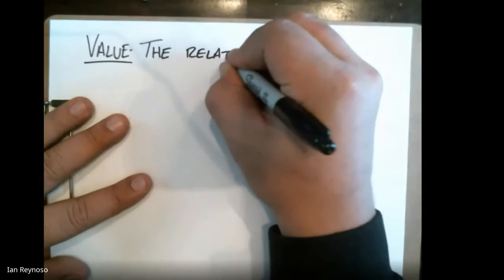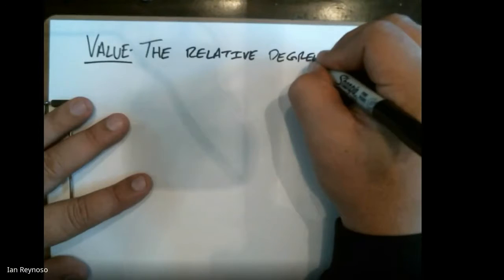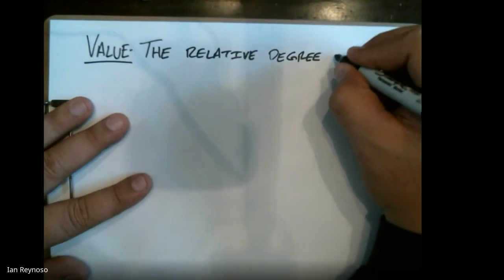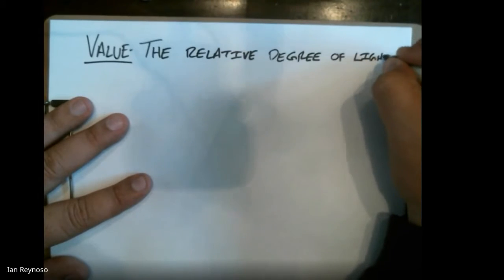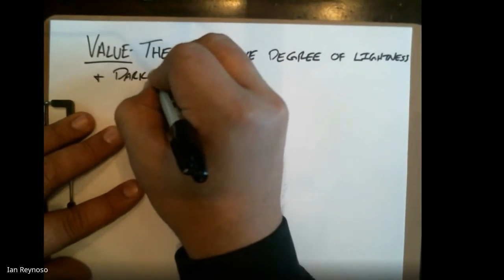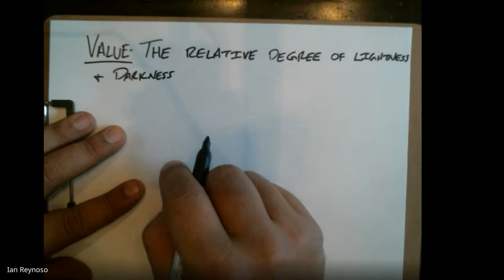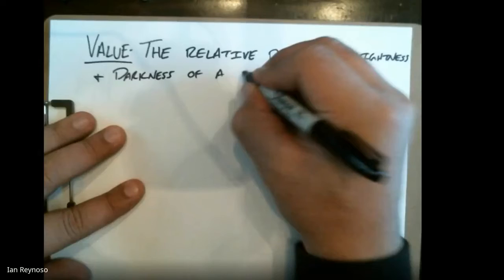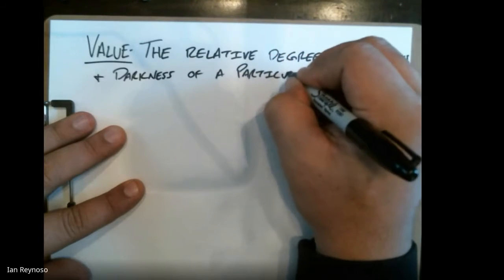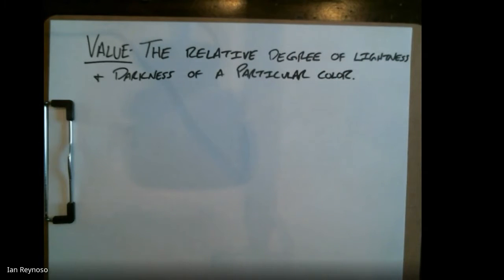It is the relative degree of lightness and darkness of a particular color.